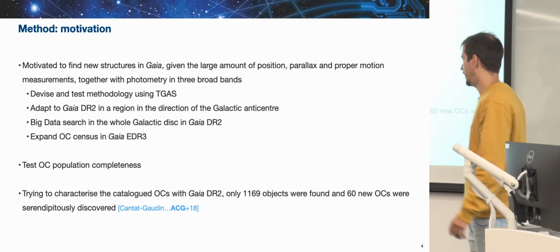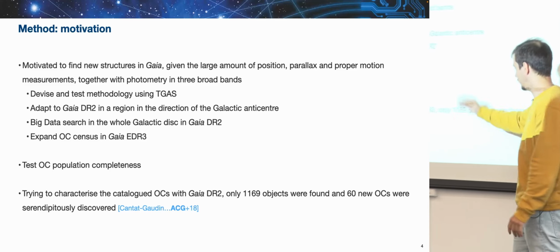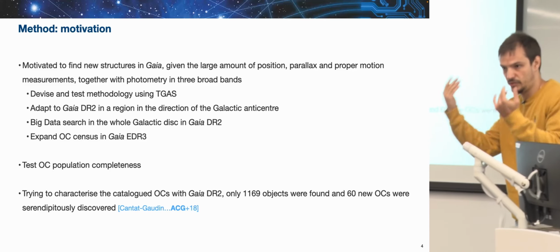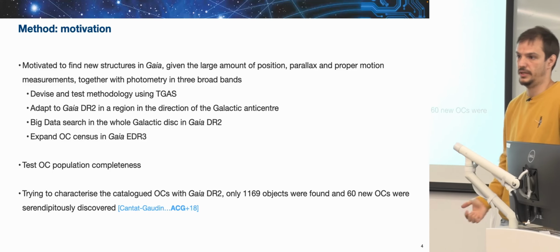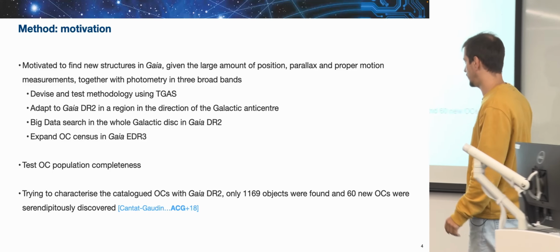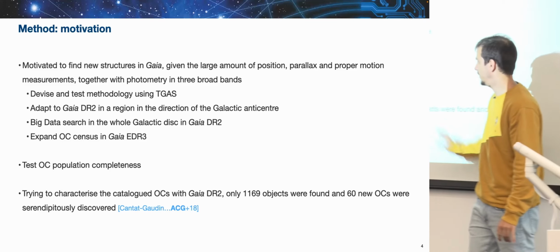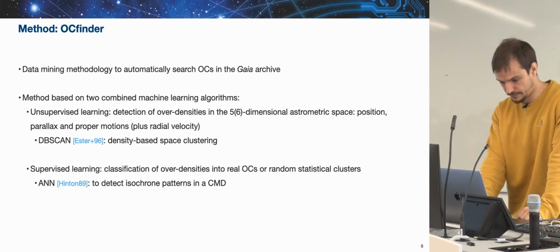And with Gaia, when trying to characterize these objects, we could only detect less than half of them. The other objects were either too far for Gaia to reach, or simply they were fake and not real objects. So we wanted to test how this affects the population completeness by adding new clusters to the census.